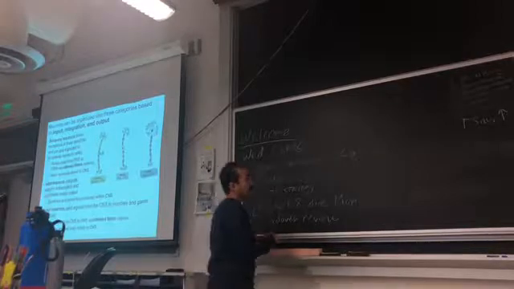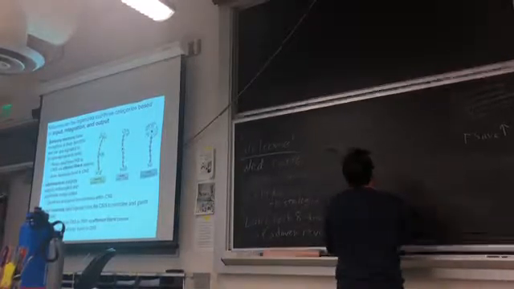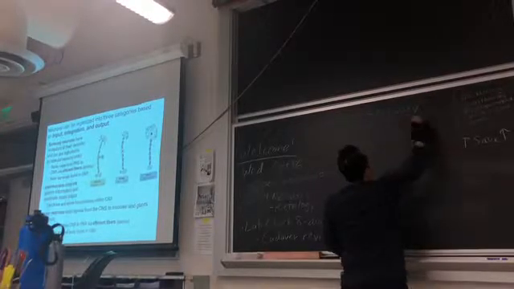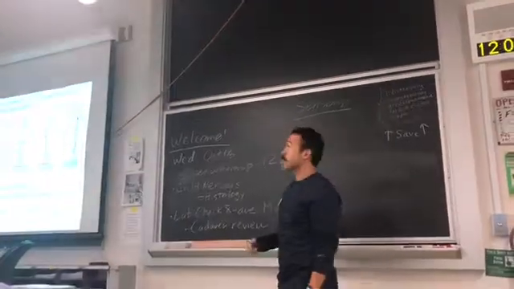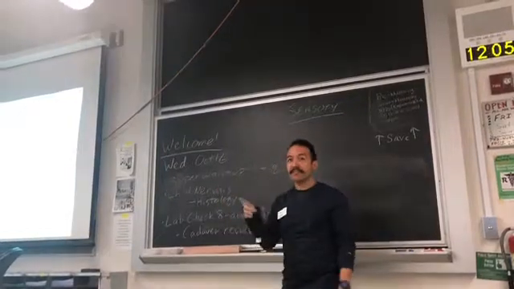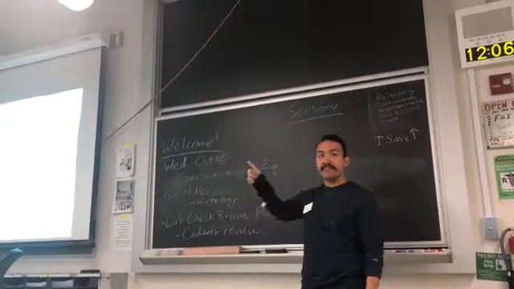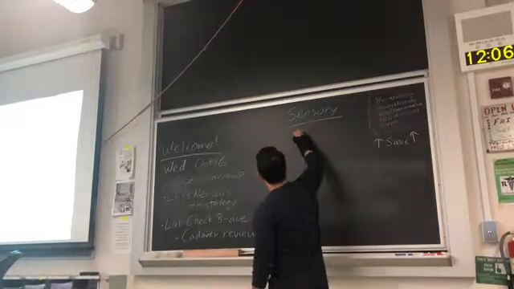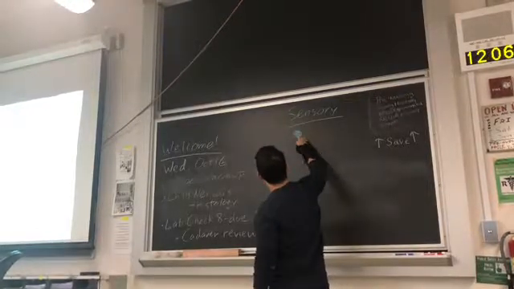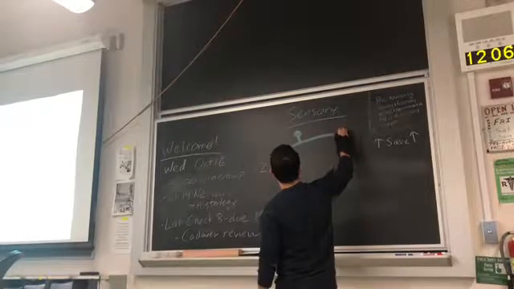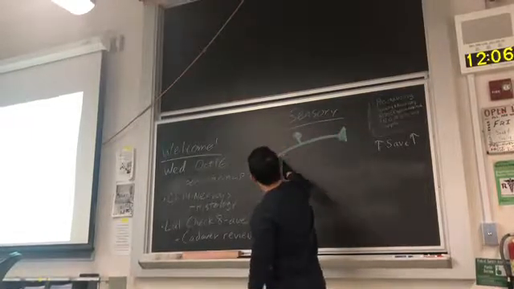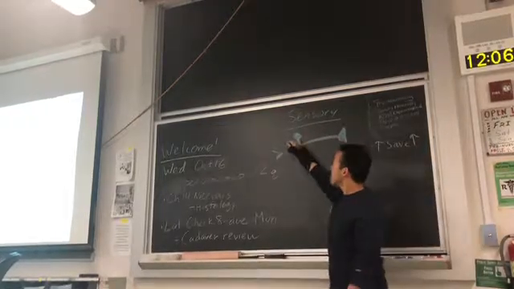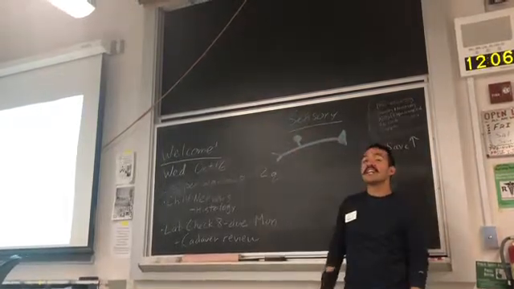If you took pictures of how I drew it in the class before, I drew it in a very specific way. I had the cell body over here, I had the axon like this. Dendrite, axon terminal. The cell body's off to the side.